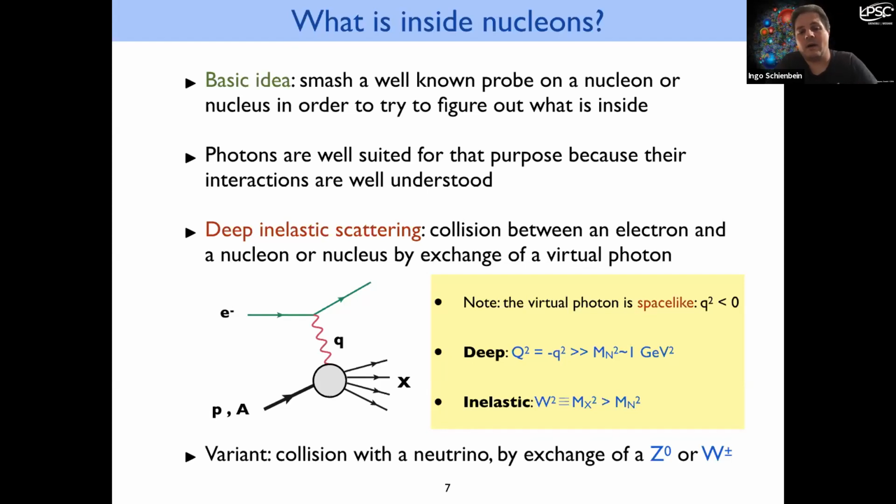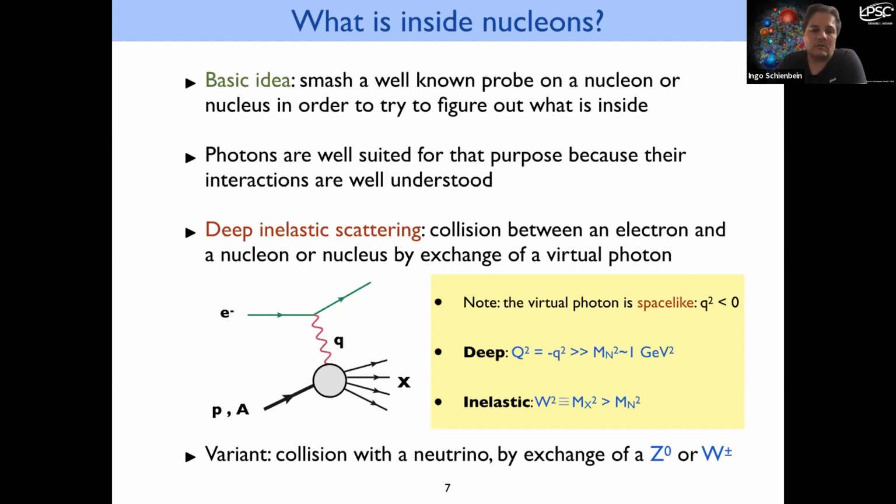And the invariant mass of the hadronic final state, which I denote by X here, called W squared, which is the same as the mass of this final state X squared, is also supposed to be much bigger than the nucleon mass squared. That is the inelastic part.